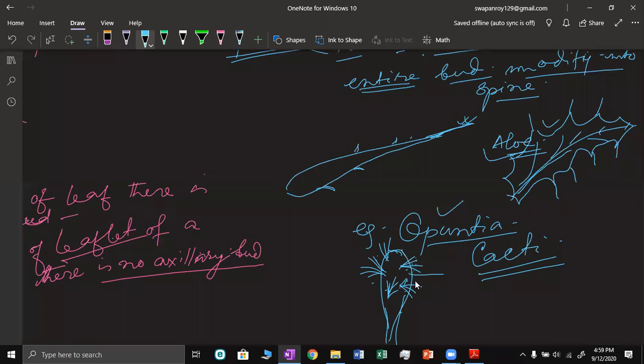The phylloclade carries out the photosynthesis. By modification of the leaf into a spine, they can reduce transpiration.